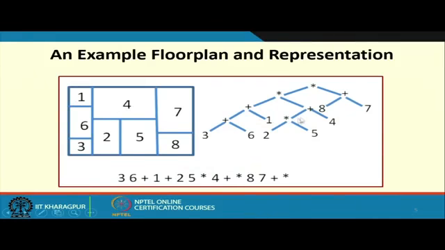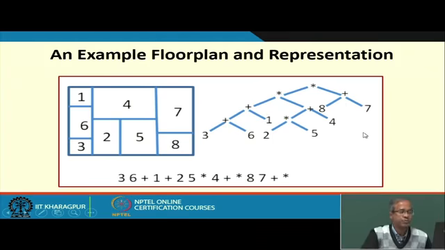Okay. So, here we show one possible way of representing a floor plan in terms of a tree. This tree represents a cut. See, here you can see that the nodes are marked either as plus or as star.